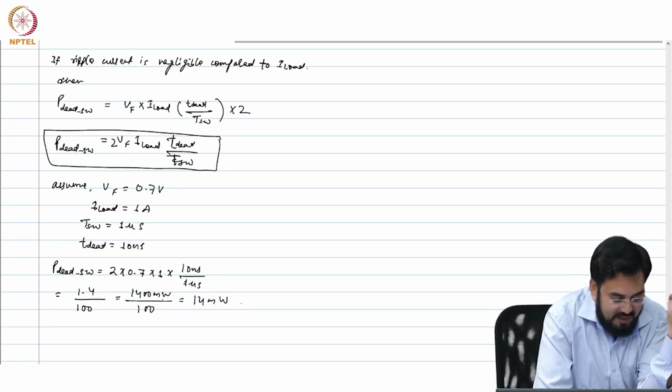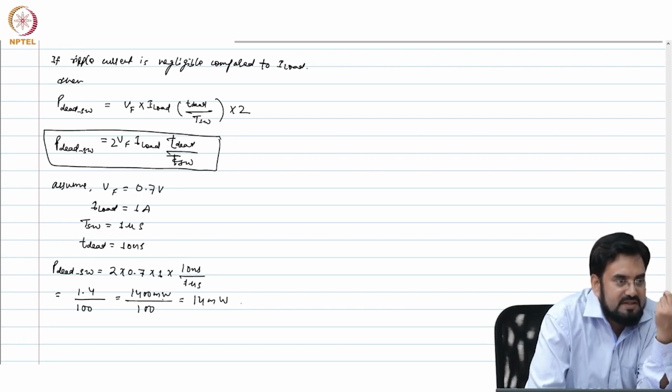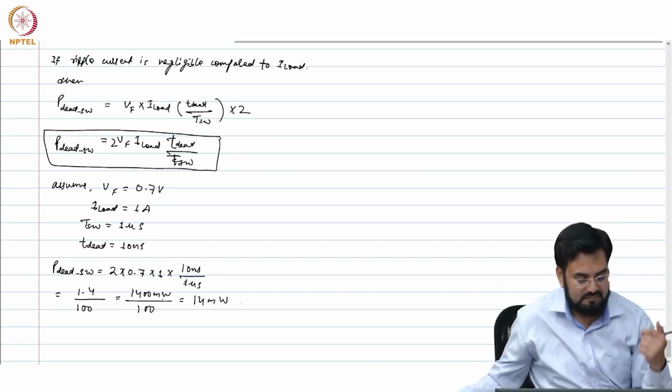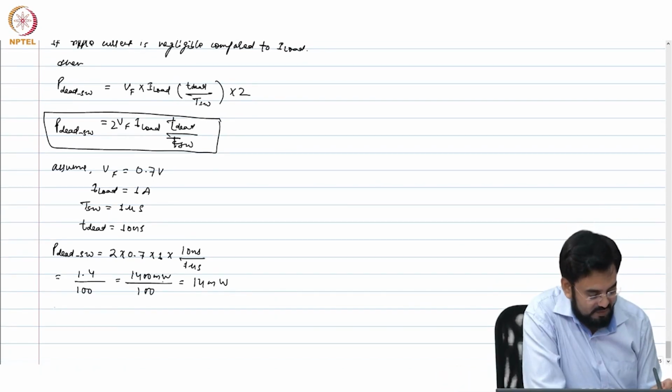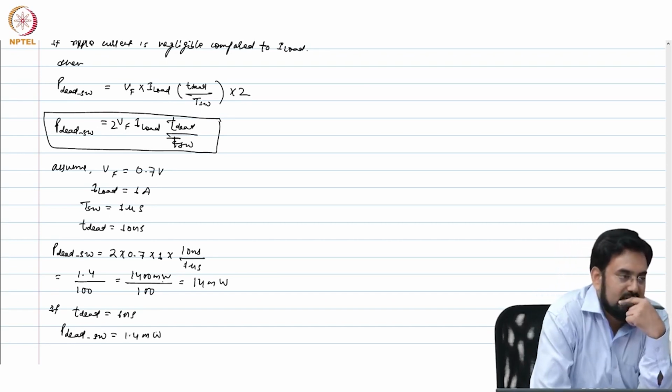So ideally I would like to minimize this as much as possible. So what can I do to minimize it? It is the T dead. So if you make T dead equal to 1 nanosecond, then 1.4 milliwatt, 10 times lower.